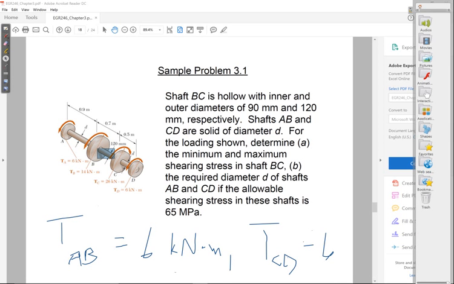Can you make the shafts larger than the diameter you solve for? The answer is yes. If you made them larger, then the stress in those segments is going to be less than 65 megapascals. The allowable stress only means that it's the largest stress that's allowed. It's great if you could get smaller than 65 megapascals.